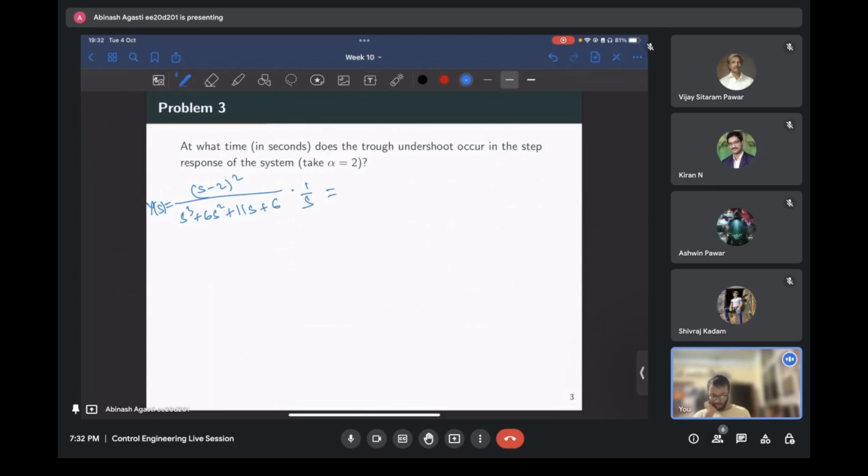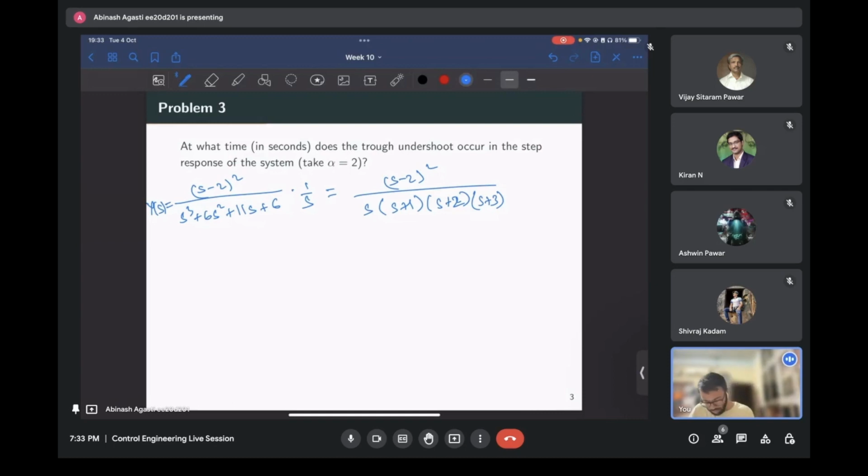Okay, we have s minus 2 whole square by s into, and this is s plus 1 into s plus 2 into s plus 3. This is what I seem to have got. If one of you can verify. That's correct? Yeah, okay, then let's move on with finding the partial fractions.